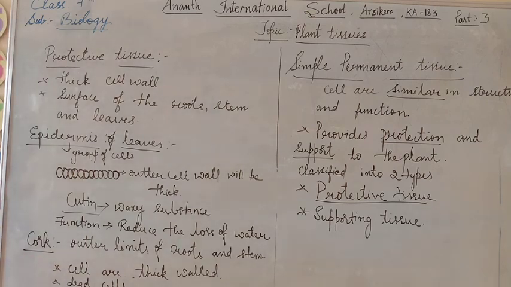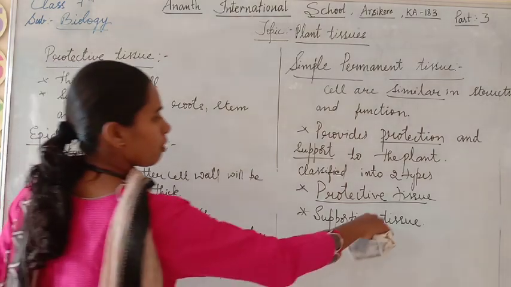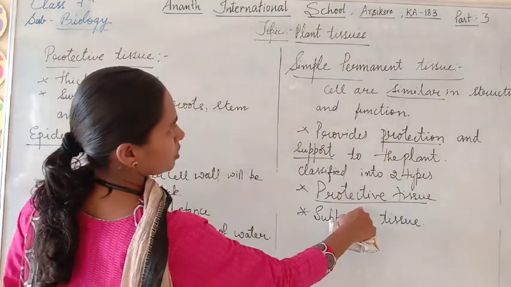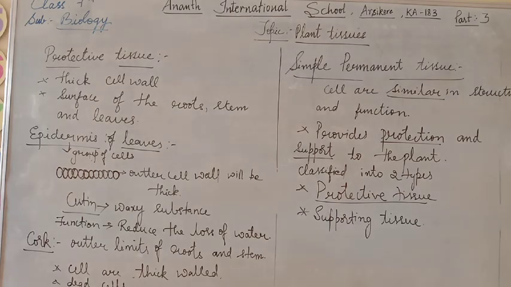This is about the protective tissue, the first type of simple permanent tissue. So protective tissue, what do you mean? It is nothing but the protection given to the plant.